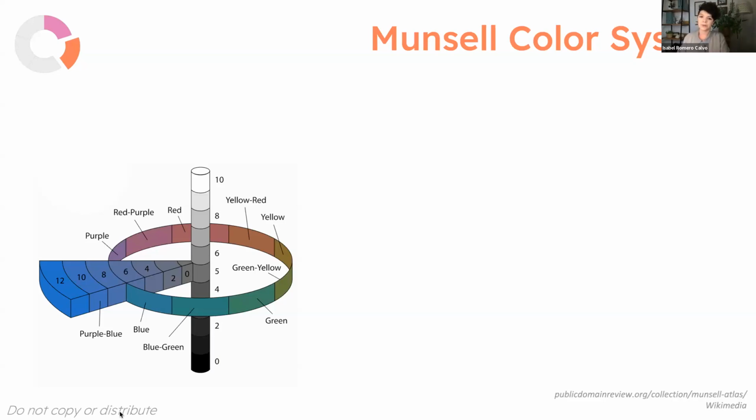There are many ways to organize it, but this system uses the top and bottom of this scale to organize things between white and black, meaning value. It goes all the way around in circles to show how hue works. And then from the center to the outside, it analyzes how saturation or chroma works.